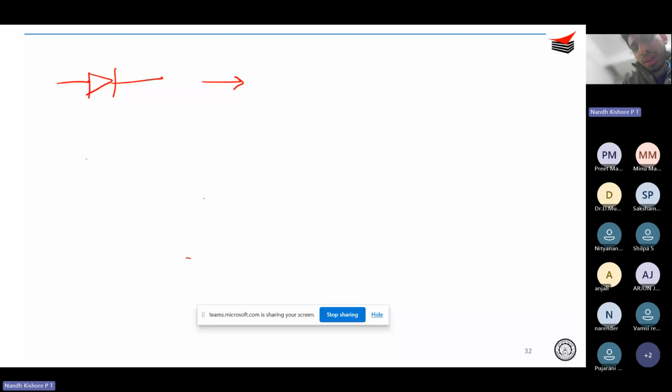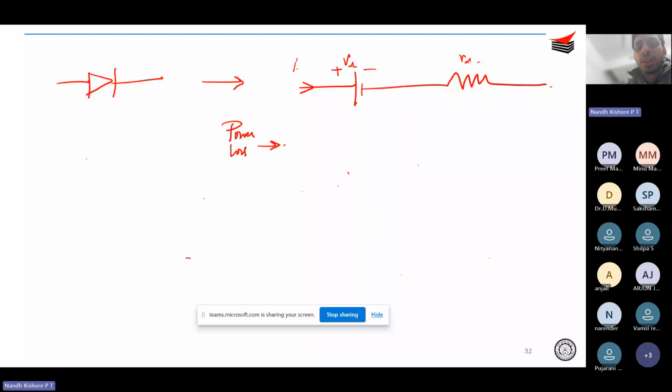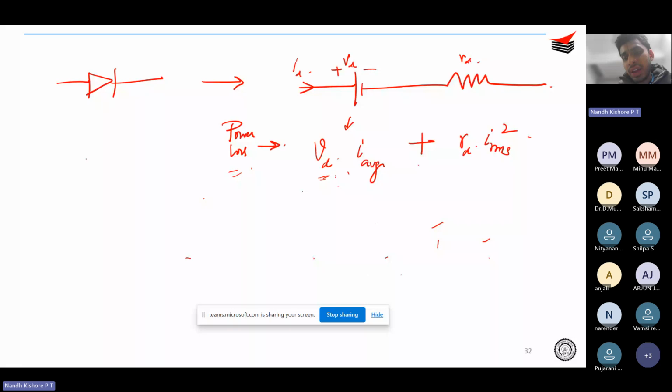We wrote this as something like this: the power loss component is going to be VD, RD, and you have ID. So the power loss component is going to be VD into I average plus RD into I RMS square. Fine, so this is the power loss. VD is given in the problem, RD is given in the problem. Just find out I average and I RMS, and your answer is done.